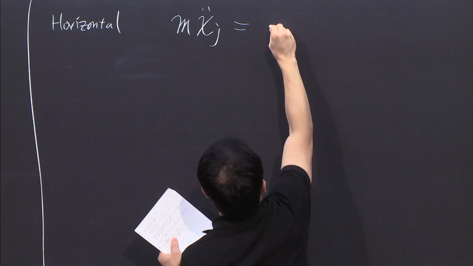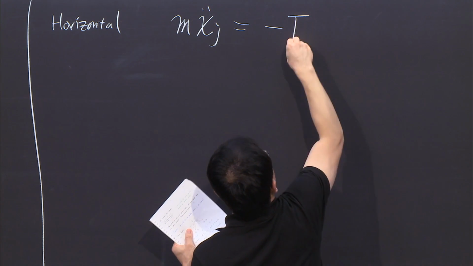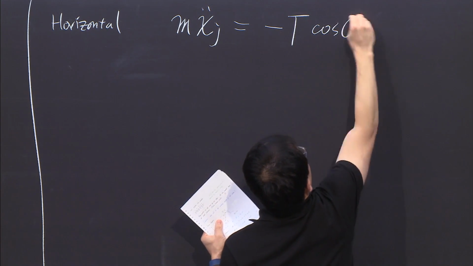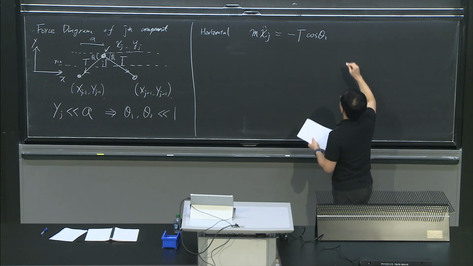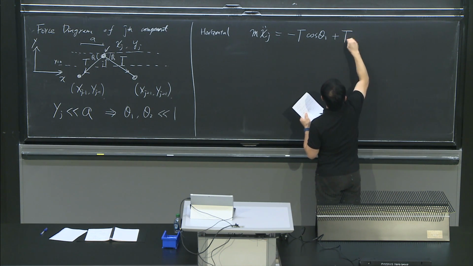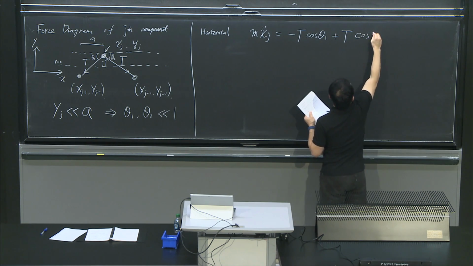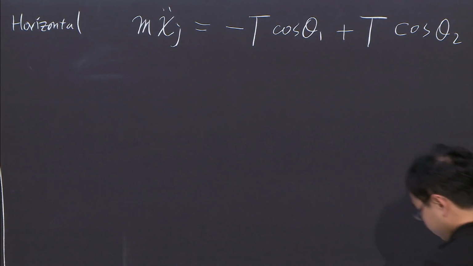The left-hand side force gives you minus T cosine theta 1, and the right-hand side string force gives you plus T cosine theta 2.